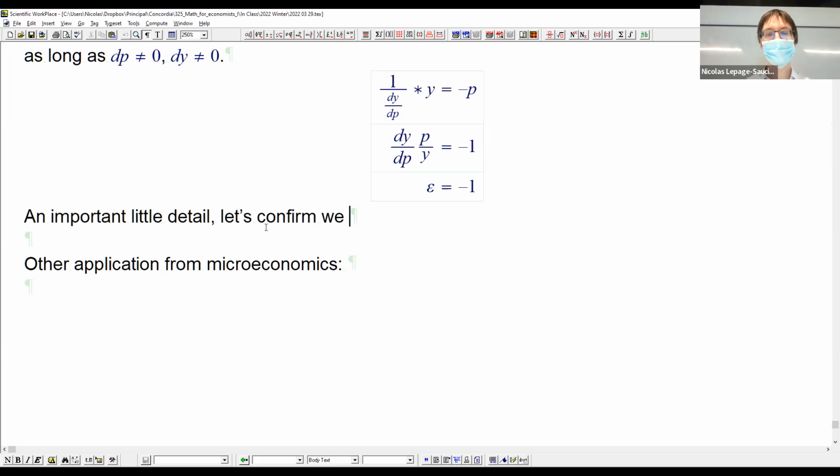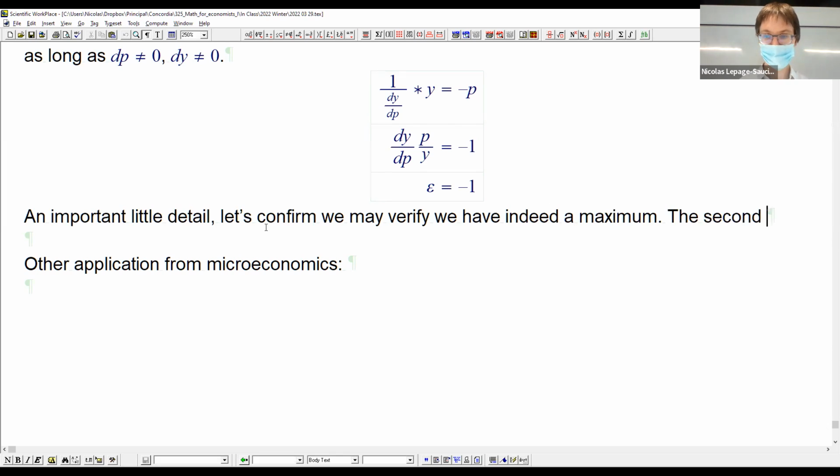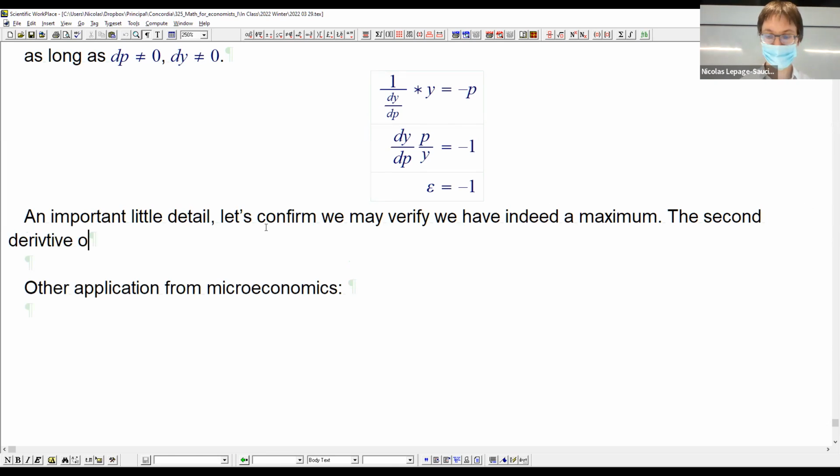All of these little details I went through very quickly last time because I was running out of time, but since we have time, let's do them. So we verify the second derivative of the revenue.